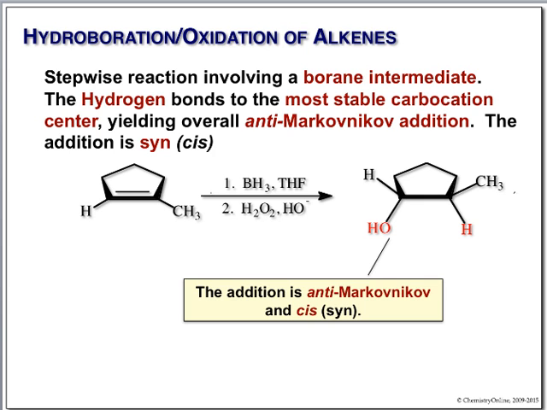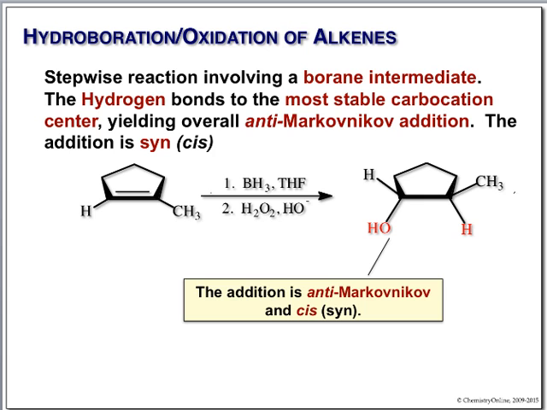This is when you do hydroboration oxidation. What we're going to do is add a hydroxyl group and a hydrogen. These are going to come in on the same side of the alkene. This gives us a cis or syn addition.